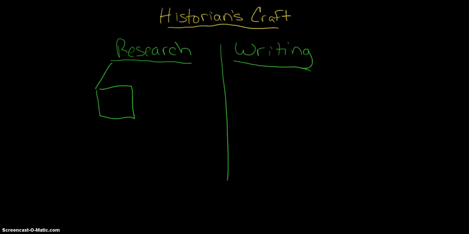An easy way to think about research skills is it's the stuff that you need to be able to use the library effectively. Now, the great thing about the digital age that we live in is that for most of us, the library building itself isn't so important as long as you have a good internet connection, because a lot of the primary sources and secondary sources that we're going to be looking at are actually found online, so you don't even really need the library anymore, you just need the computer.